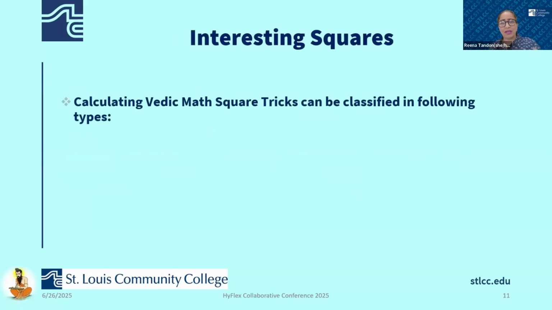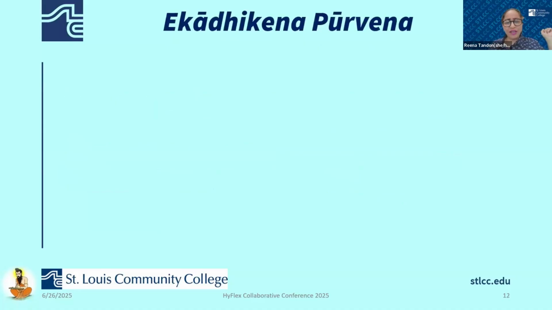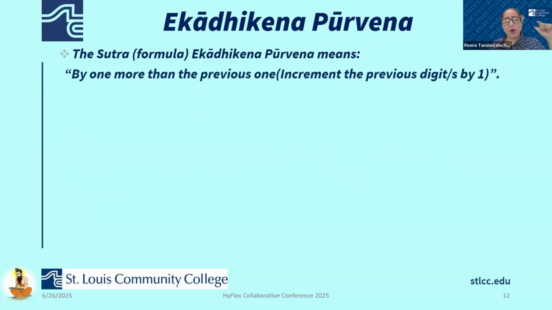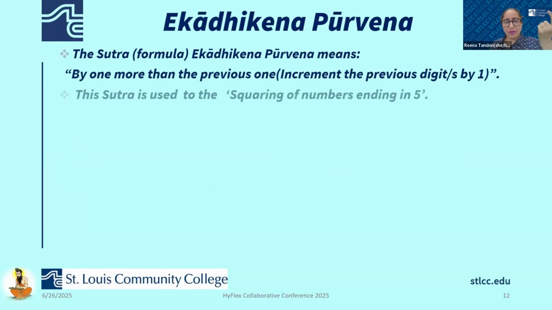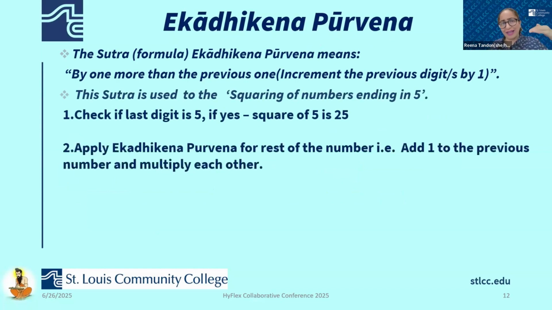Look here: this is Ekadhikena Purvena, and the other name is Yavadunam. What we are doing is multiplying by one more than the previous digit. What does that mean? Whatever number you have, if it ends in 25, you see this.